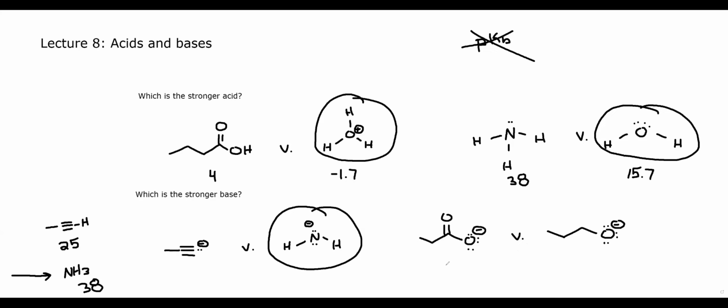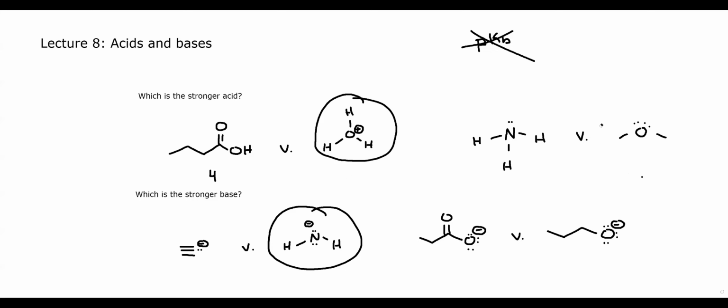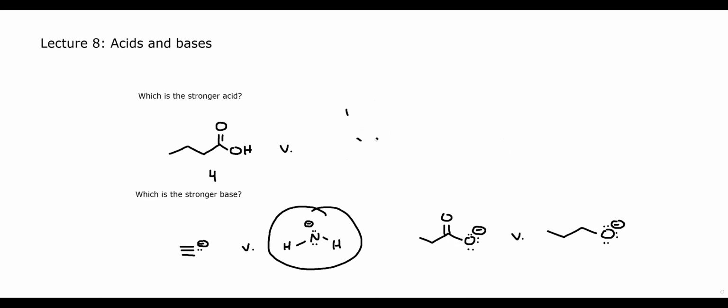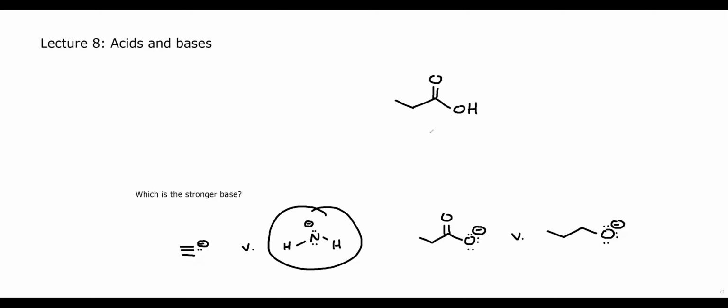Let's look at the conjugate acids of the two. I'm going to draw them actually right above just to make some space. So let's consider the conjugate acids of these two, and that'll tell us how strong they are. So the conjugate acid of the first molecule would be this, which has a pKa around 4. And this propanol, which has been deprotonated, if we add that hydrogen back, we'll have the 3-carbon chain with OH.